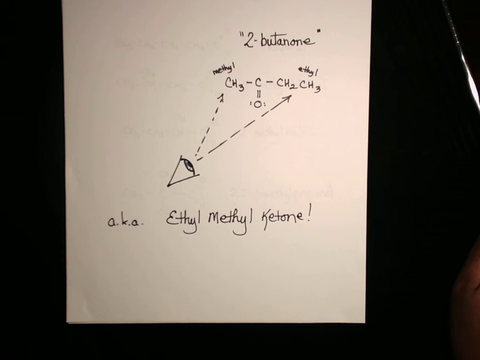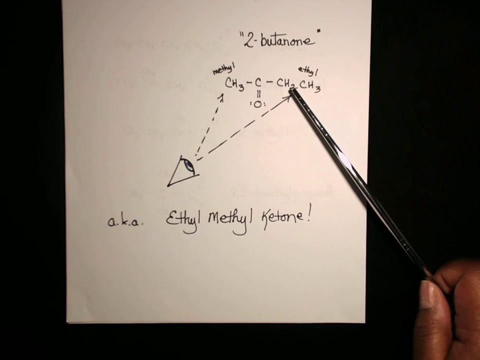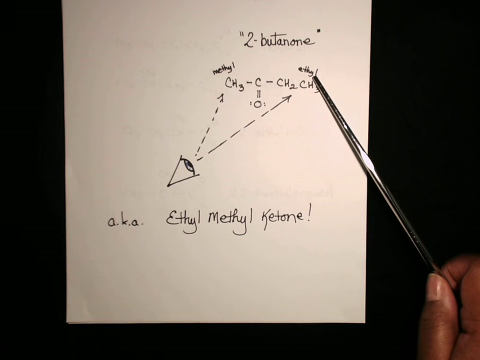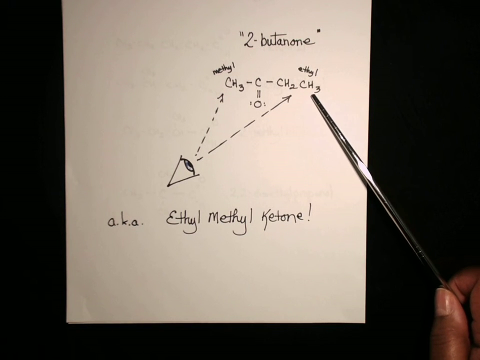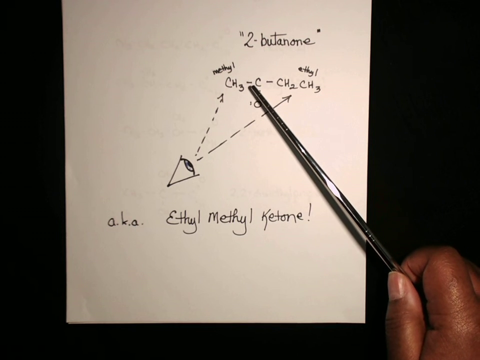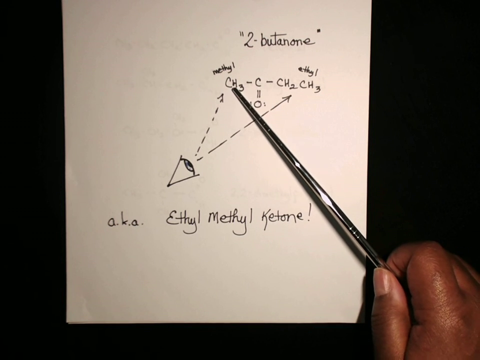But if you notice, there's a distinct alkyl on either side of the carbonyl. On the right side, your right, of the carbonyl, this clearly is an ethyl group. And then on your left, that's a methyl.